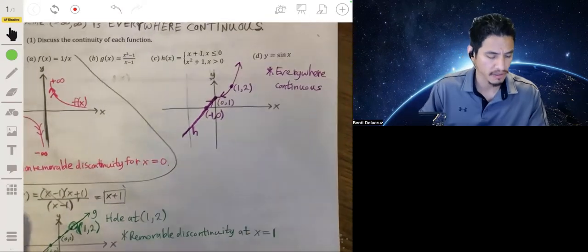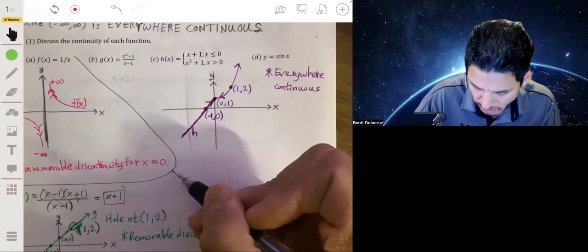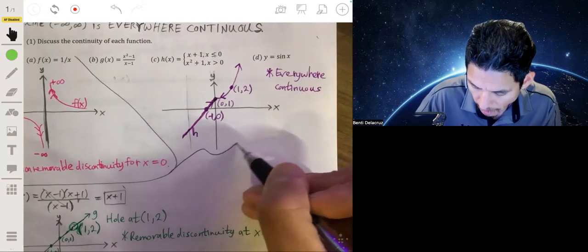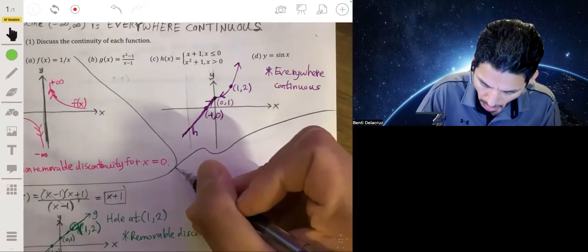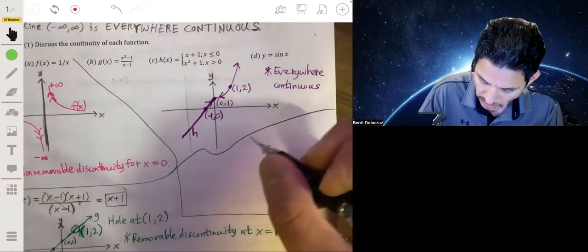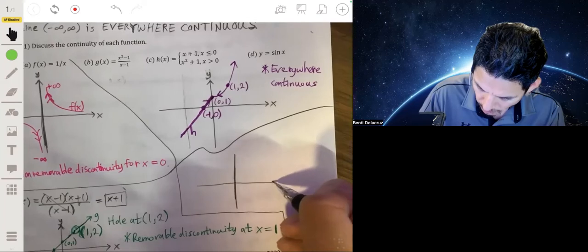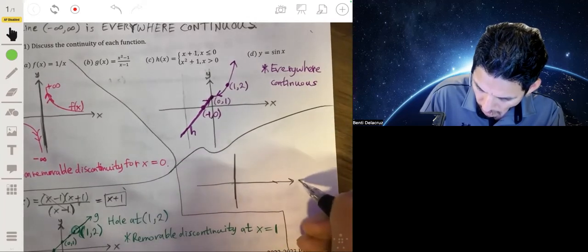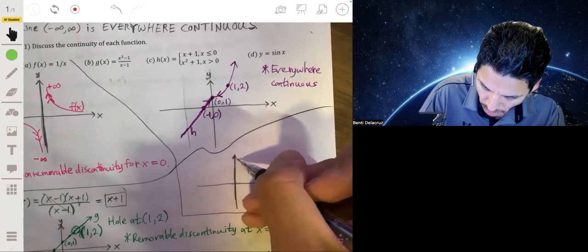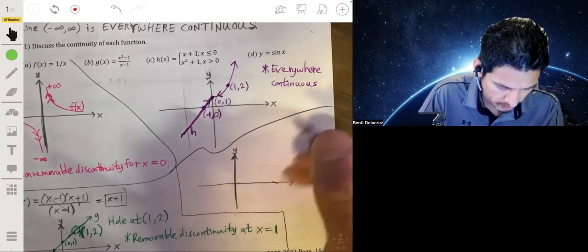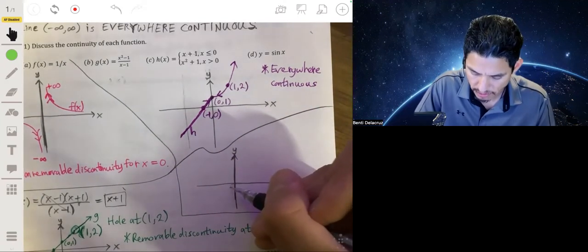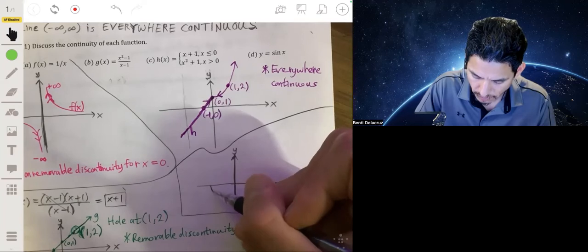All right, last one. y equals the sine of x. You should definitely know what that looks like. It's the everyday trig we're so used to, a graph that goes like that.